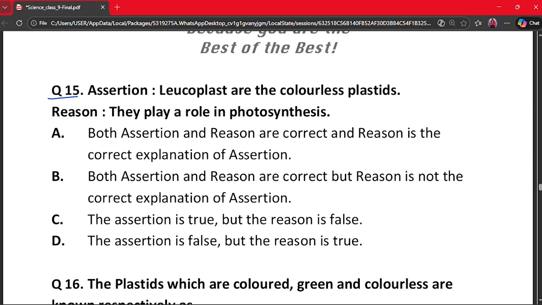And D. The assertion is false, but the reason is true. So here, leucoplasts are colorless plastids mainly used for storage of starch or proteins, and they do not perform photosynthesis. Therefore, the assertion is true, but the reason is false. So our correct answer is option C.